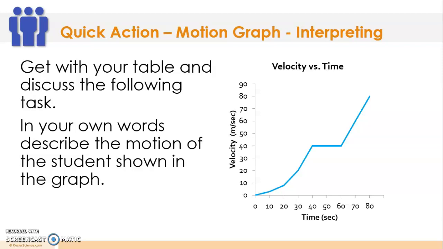Then, after 20 seconds of moving at that constant velocity, at 60 seconds, we see that the velocity increases at a constant rate, and it keeps increasing at that rate for the next 20 seconds until we get to 80 seconds. This straight diagonal line again shows constant acceleration.